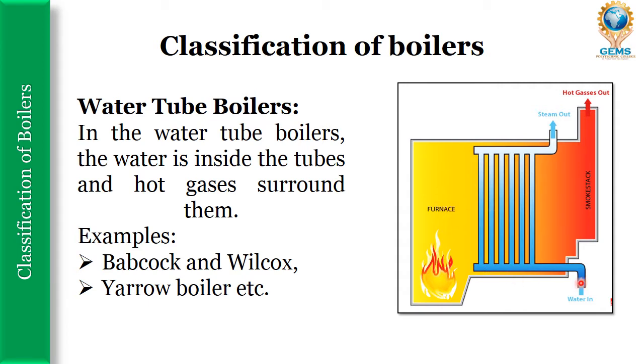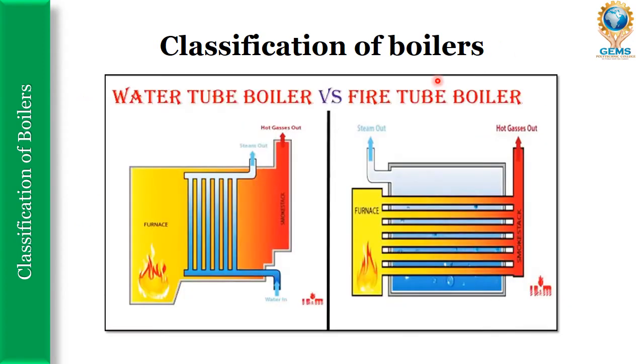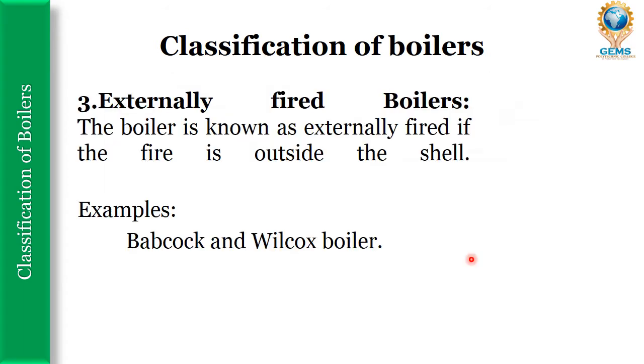It's a furnace and the water flows inside the tubes and it's surrounded by hot gas or fire. It is called the water tube boilers. So this is the main difference between the water tube boilers and the fire tube boilers. In water tube boilers, water flows inside the tube, surrounded by a furnace. And in fire tube boilers, the fire and hot gases go through the tube surrounded by water.